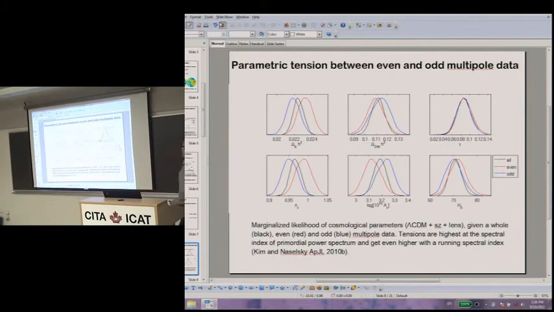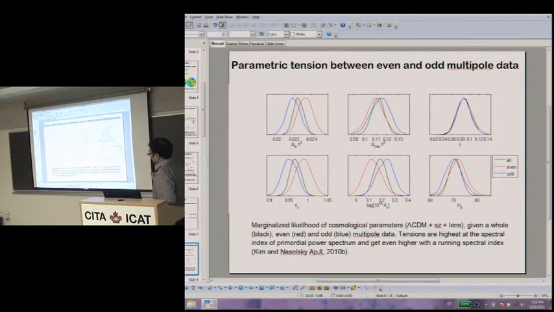And so these anomalies are related to the CMB power spectrum, and the cosmological parameter and model fitting are mainly based on the CMB power spectrum. So we tried to fit the cosmological model using only even multipoles and only odd multipoles. Here the black curve is the cosmological model favored by the whole data set, and then by the odd multipole data set and the even multipole data set.